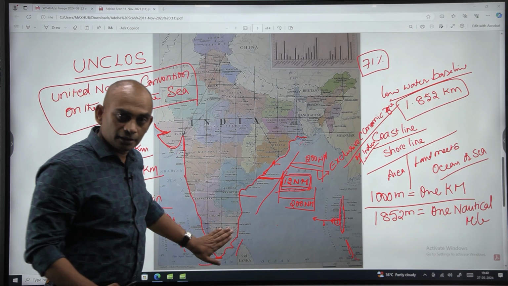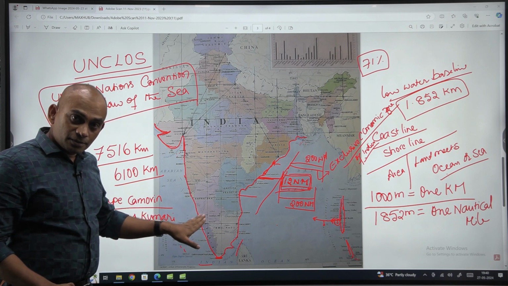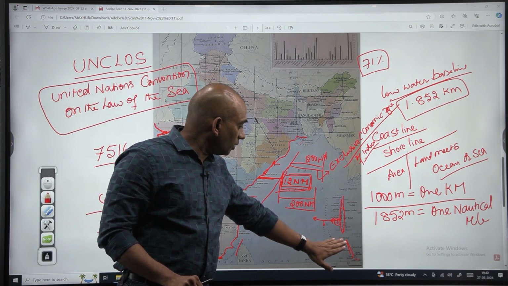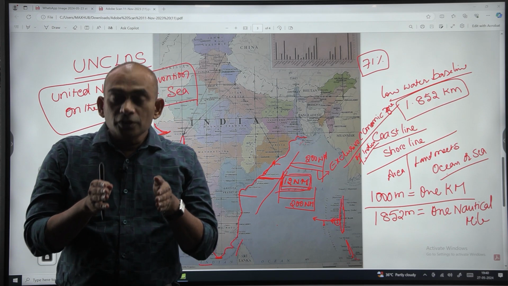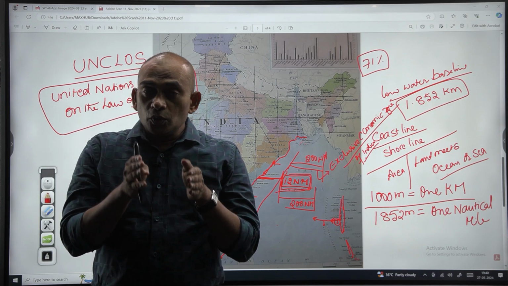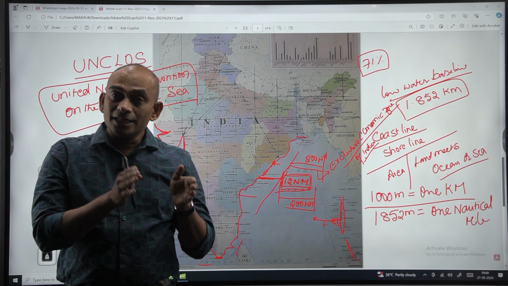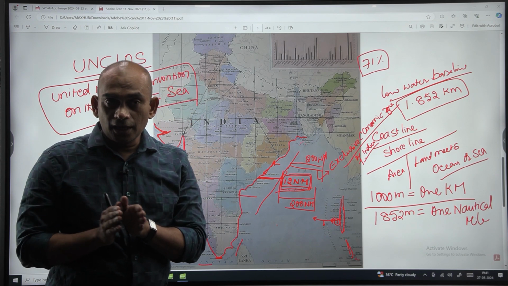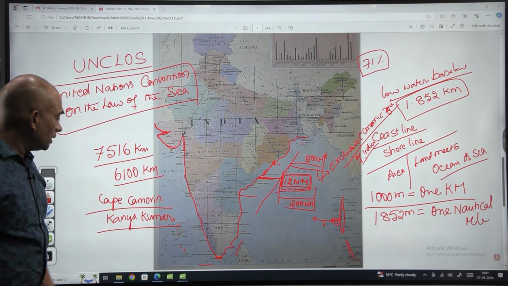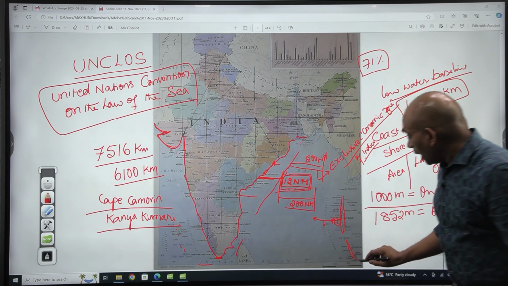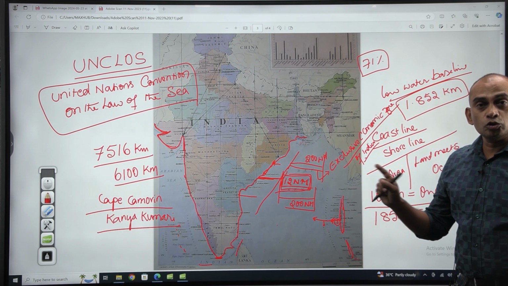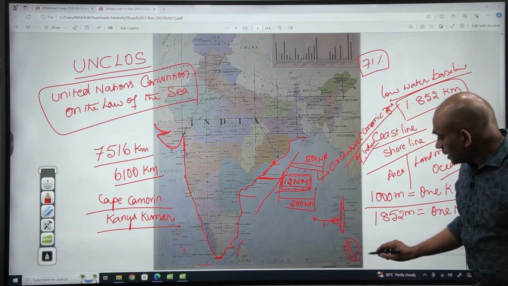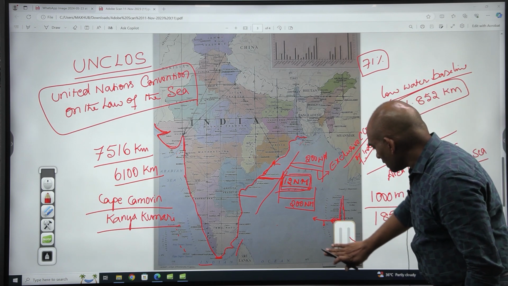This is the mainland. Then what about our islands? If you include the mainland as well as the islands, the southernmost tip of India is located in the Andaman and Nicobar group of islands, especially in the Nicobar group, that is Great Nicobar Island.